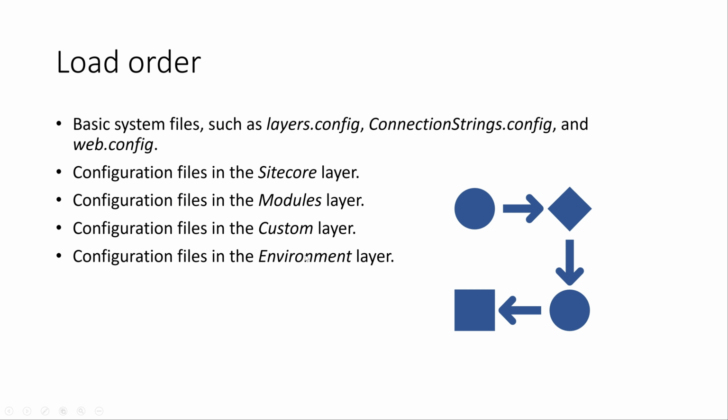So this is the order: Sitecore and modules load first, then our configuration. We have the flexibility to modify any setting from the Sitecore out-of-the-box configuration without touching any Sitecore files. Because imagine, rather than making a custom layer, if you went into Sitecore and set that setting to true directly in that config file, it would be overridden when the next upgrade happens.